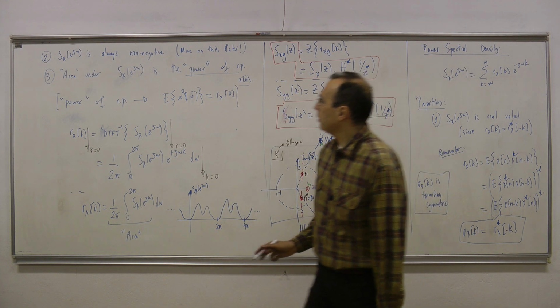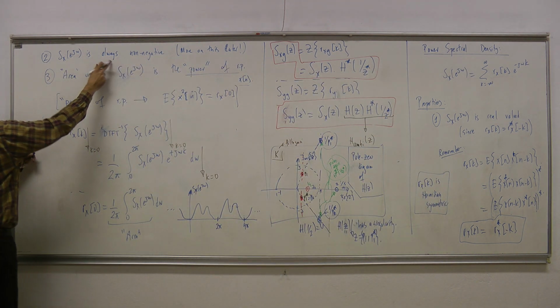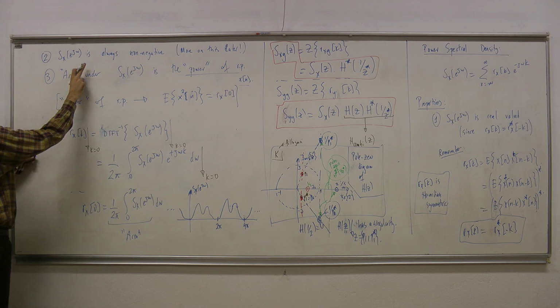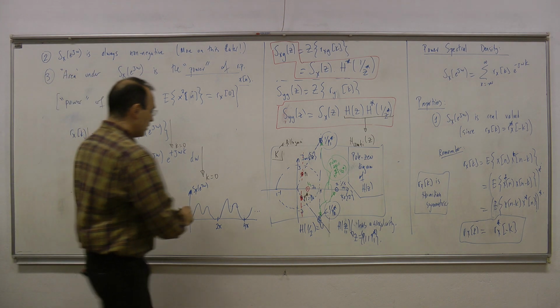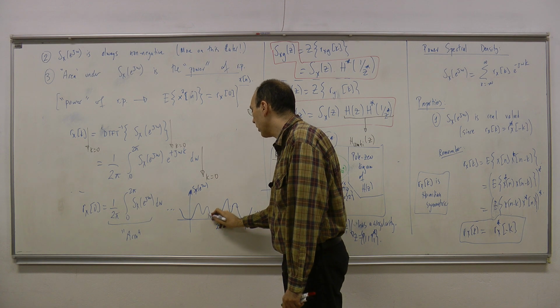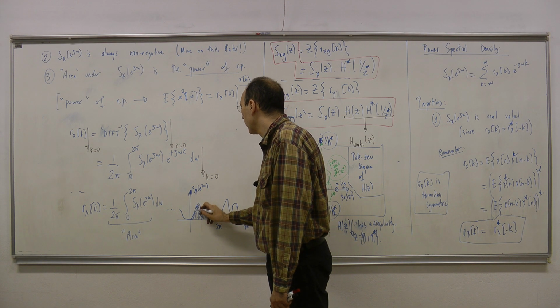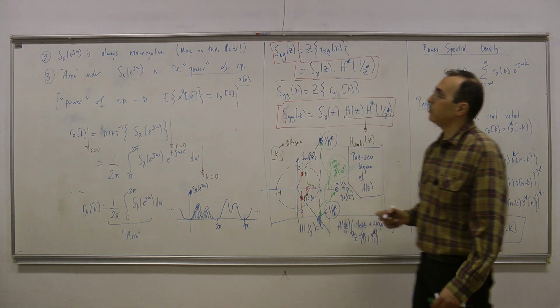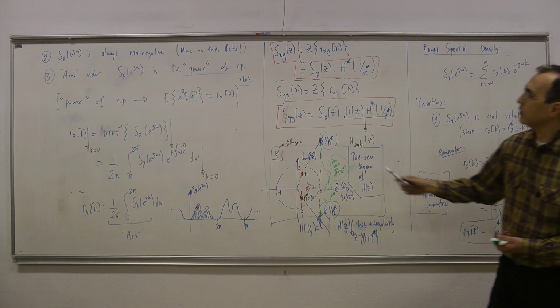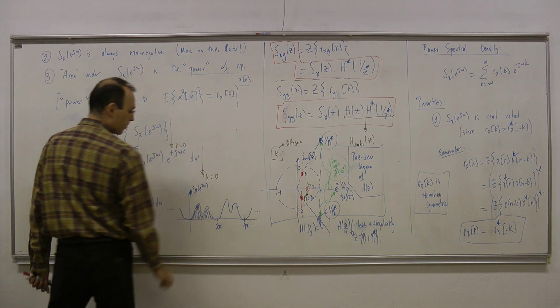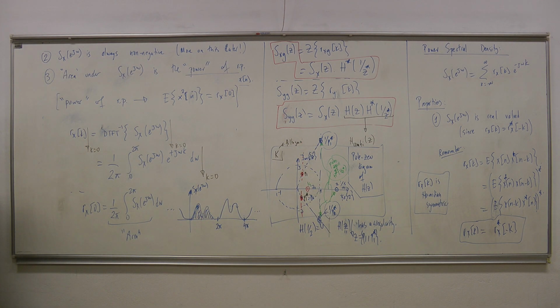But very interesting. Non-negative. It can be 0, but it's never negative. The area. So if you calculate this area under this function, you get this ensemble power, you may say. Autocorrelation at 0th lag, okay, of this process.